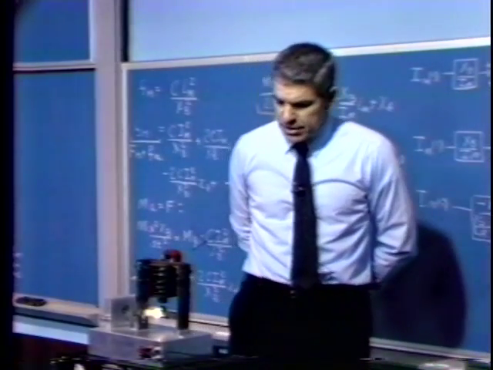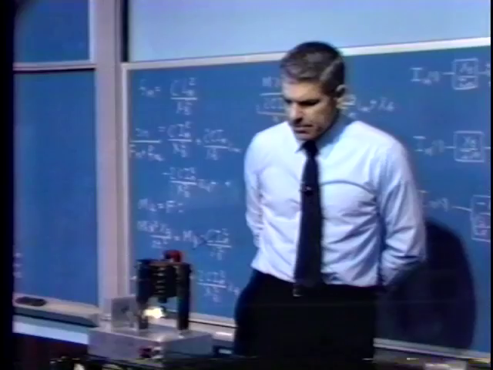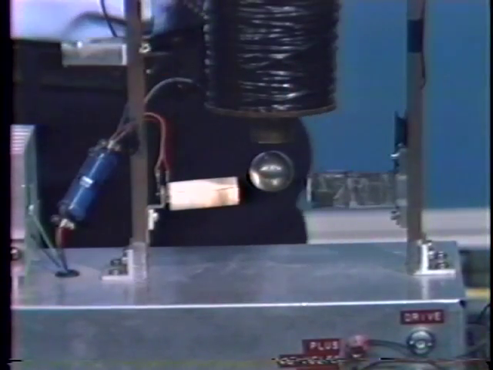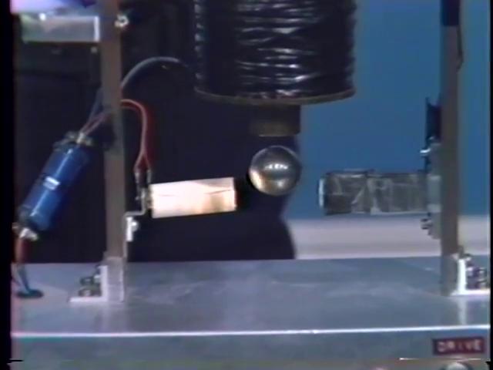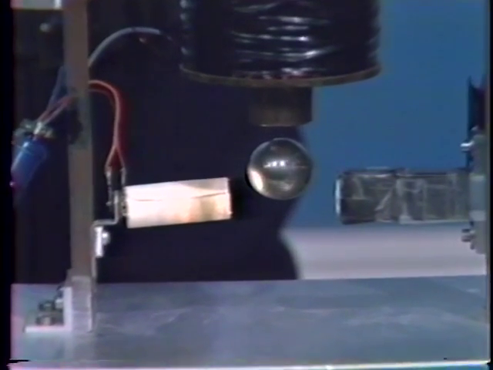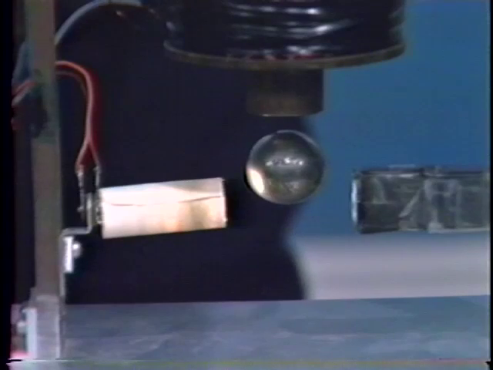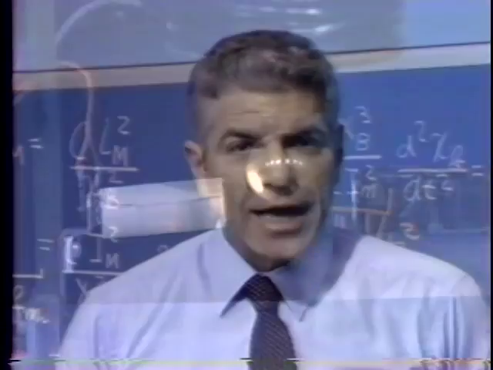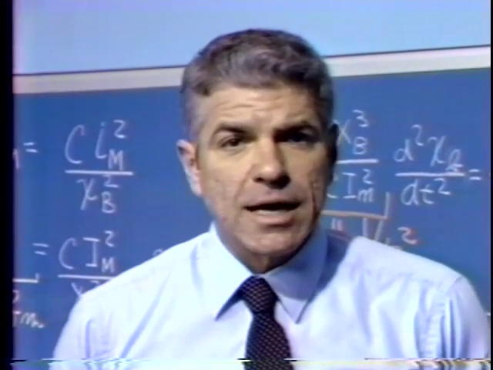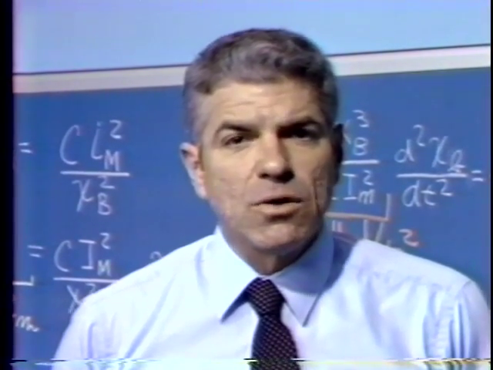What I actually did when I put together this system was to go through an analysis very much like I've done here and convince myself that I understood how things worked. And then I went ahead and built the system, with provision to adjust the two critical parameters: in particular, to adjust the gain of the amplifier, the quantity A naught, and also to adjust the location of the zero.